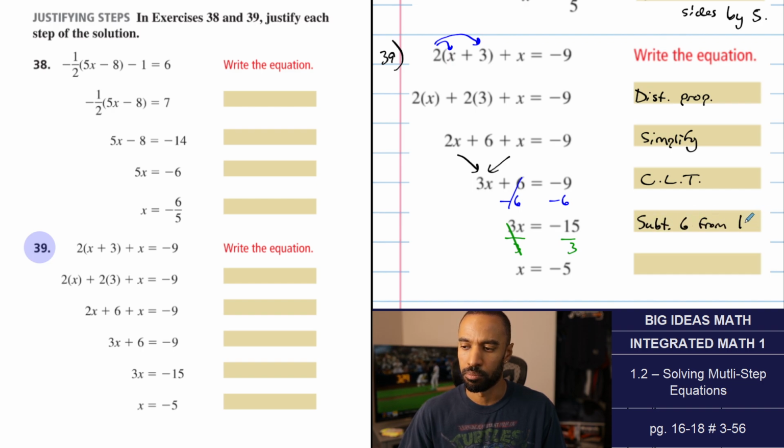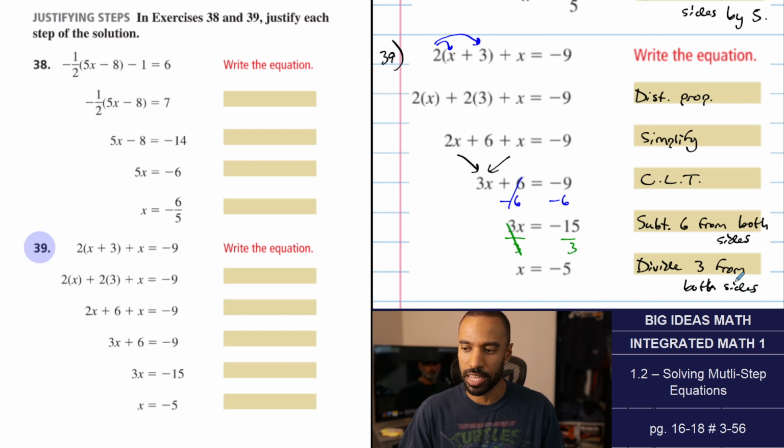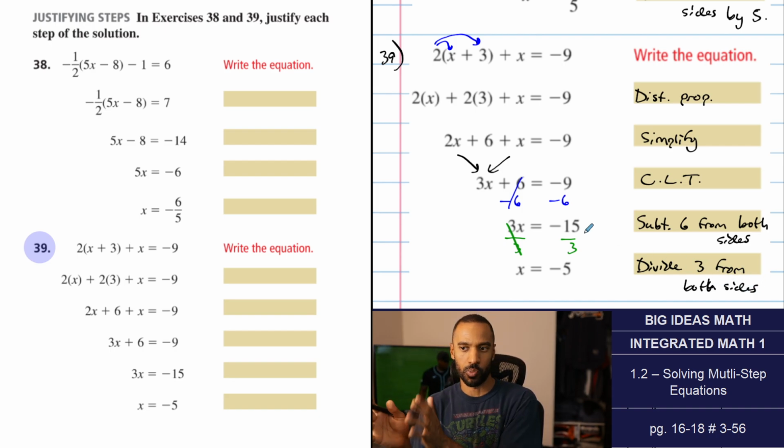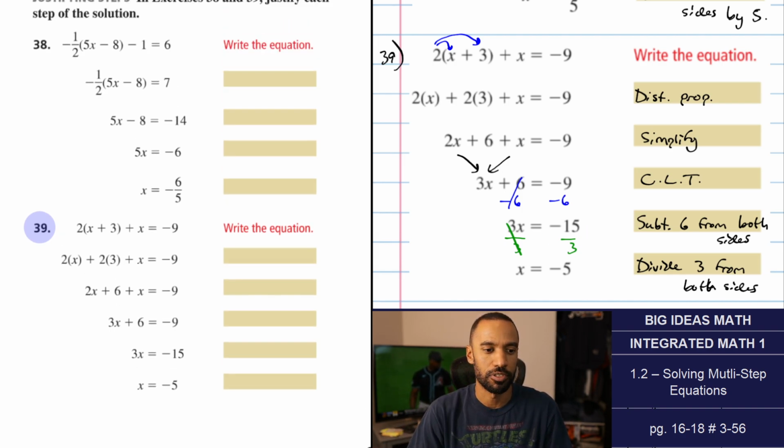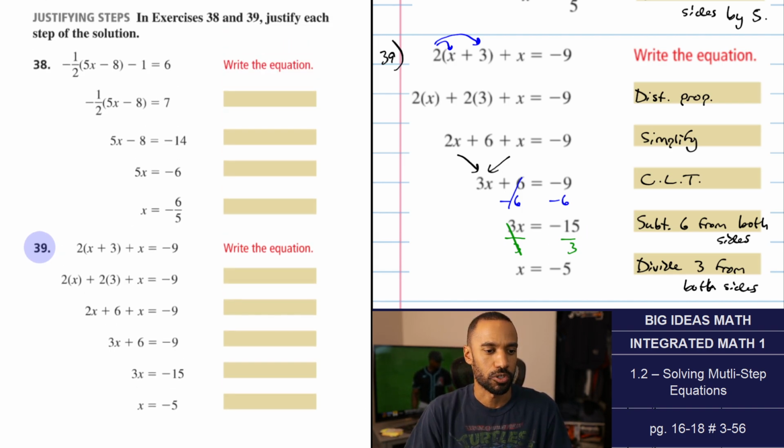I don't really have much room. And then divide 3 from both sides. Now, this isn't one of those error analysis questions. The work they did is totally accurate, so the number's right. I'm not double checking anything, but those were the actions involved. Okay, those are my justifications.